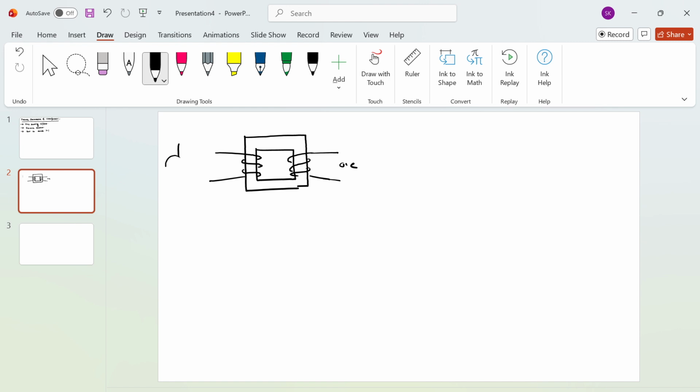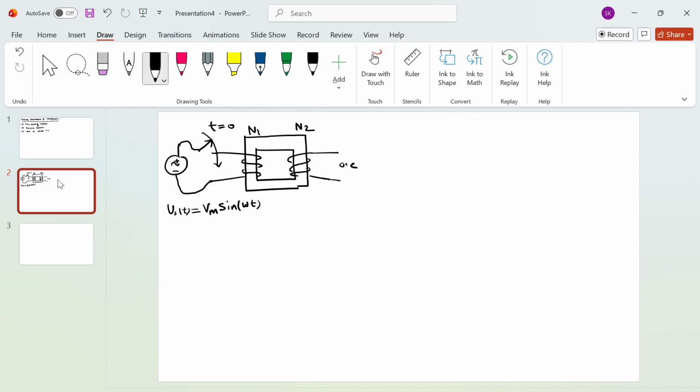And you have a supply and this switch. Let's say this supply is Vs of t equals Vm sine omega t, and you are closing the switch at t equals 0. Let's say the primary turns is N1 and the secondary turns is N2.